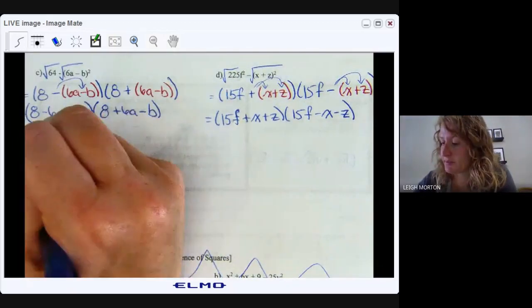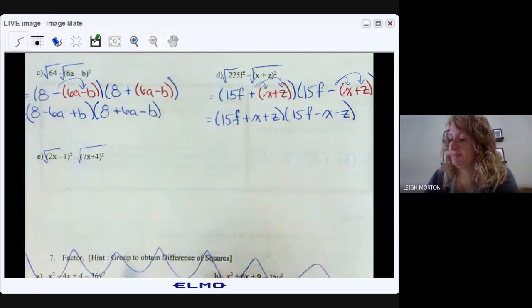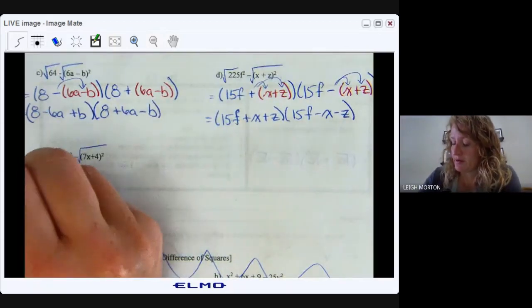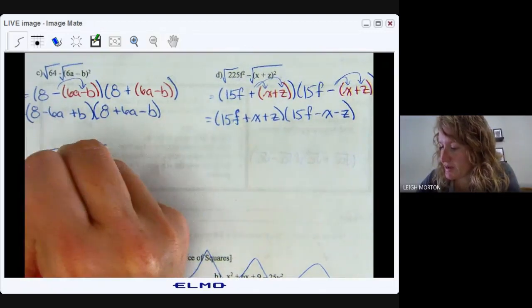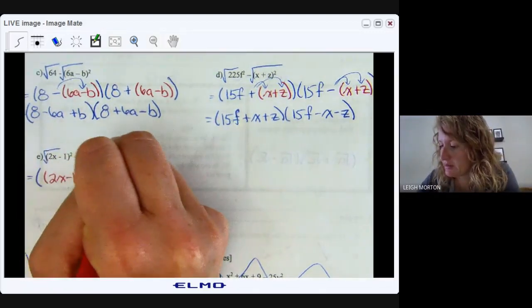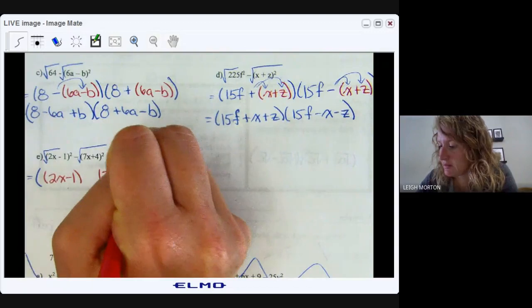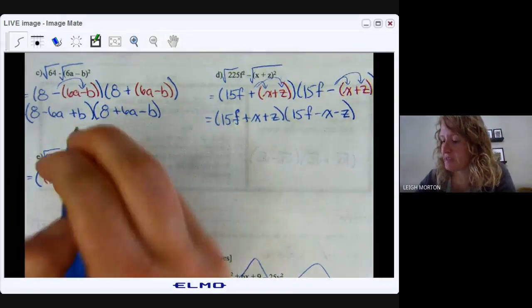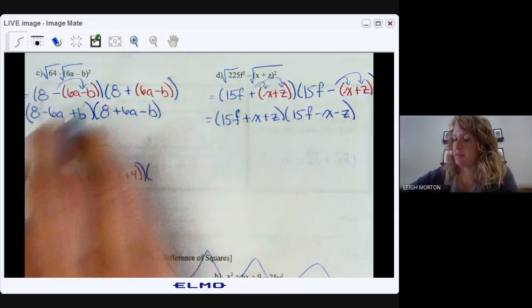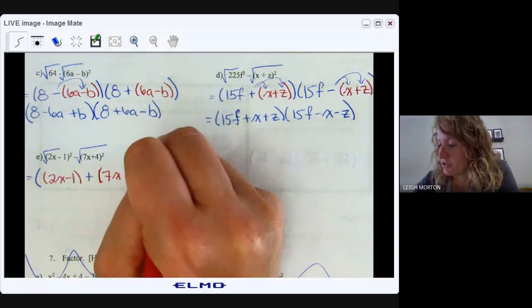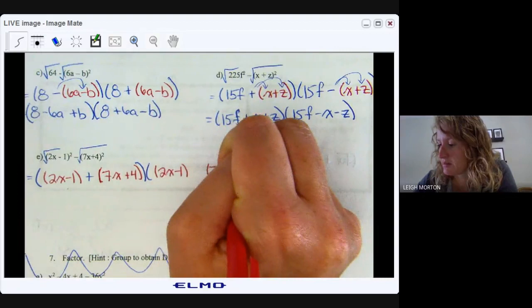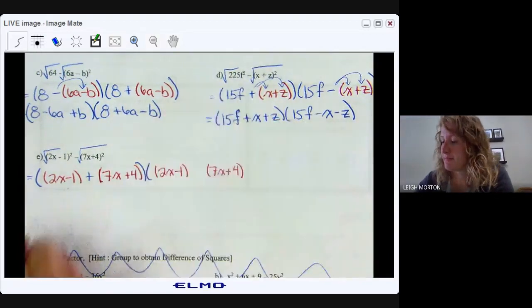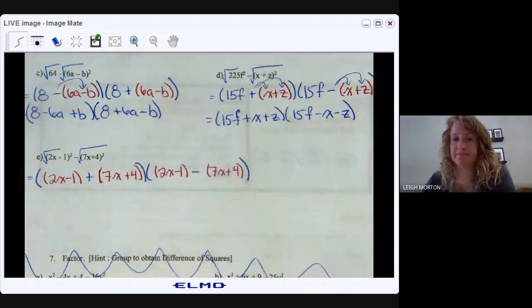And my last one, I'm going to square root. This is going to be a big one again. So I've got 2x minus 1 plus 7x minus 4 times 2x minus 1 minus 7x plus 4.